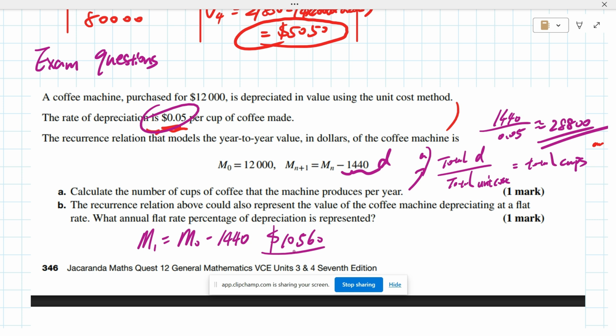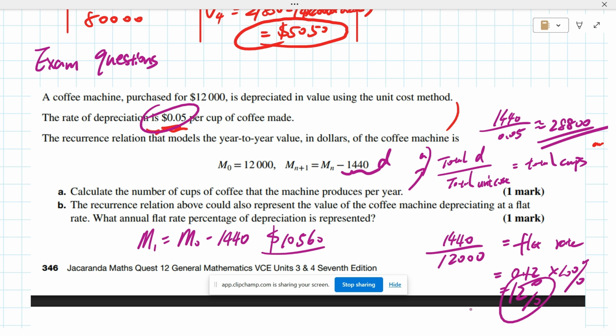Because that's how you calculate the value of the machine after 1 year. Then we calculate the annual flat rate: each year's depreciation divided by your initial money equals the flat rate, which is 0.12, multiplied by 100% is 12%. Hopefully that makes sense.